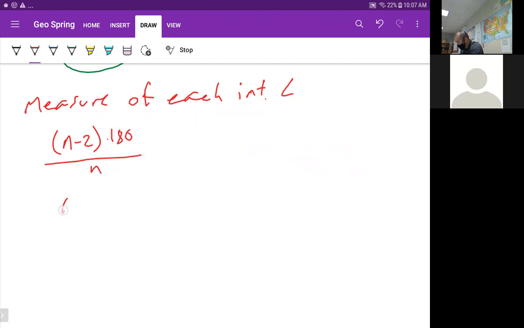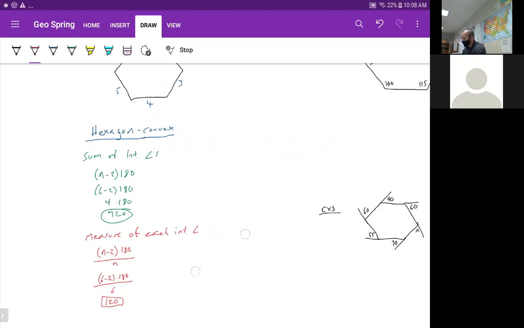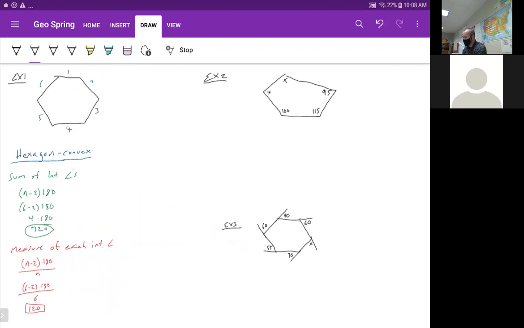So it has 6 sides, 6 minus 2 times 180 divided by 6. Plug that in the calculator: 720 divided by 6 is 120. So all I was given was a hexagon. On the blue part, I identified what it was and if it was convex or concave. On the green part, I found the sum of interior angles. And on the red part, I found the measure of one interior angle.